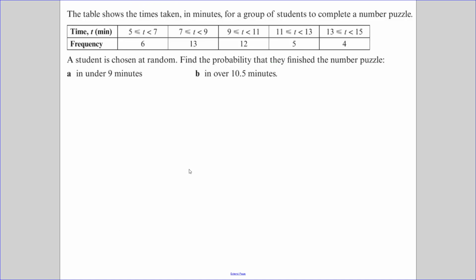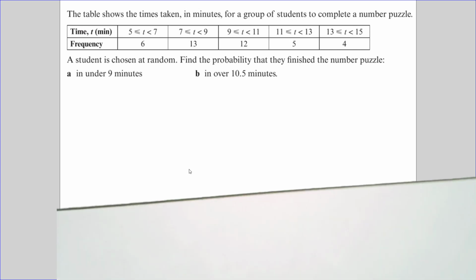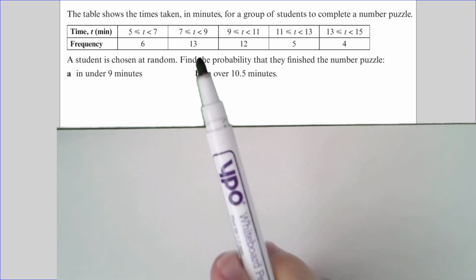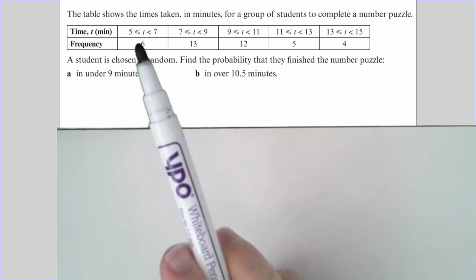In this example here, we get given some probabilities in a table. So we're going to have a quick go at this one. Here you'll see this is like grouped data. A student is chosen at random, find the probability that they finish the puzzle in under 9 minutes. For the under 9 minutes ones, this box here is 7 to 9 and this box is 5 to 7.